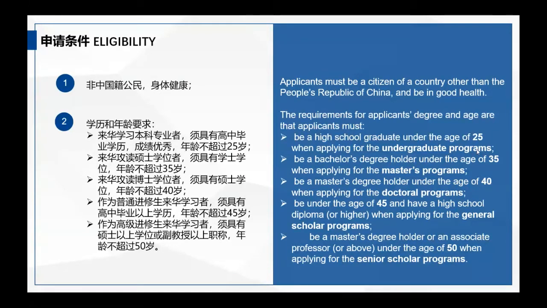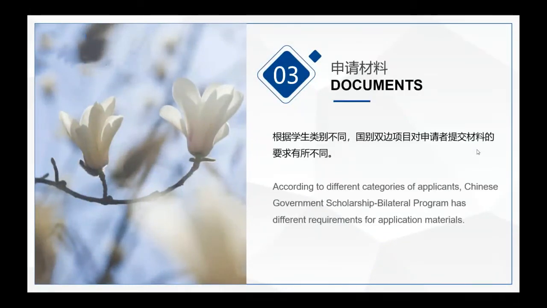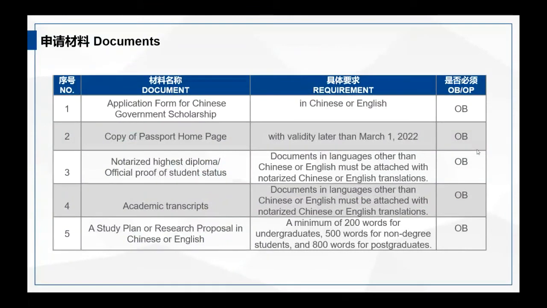In the next part, we will focus on application documents. In order to give all of you a clear idea of the application document requirements, we have organized all the important materials in the following form, with clarification. The last column here represents whether this document is obligatory or optional. Let's start from the beginning.